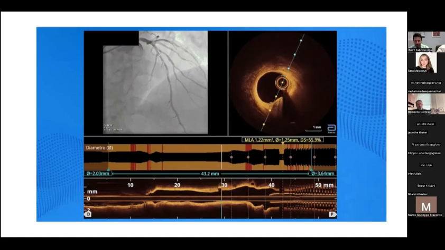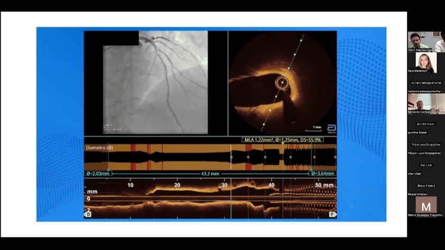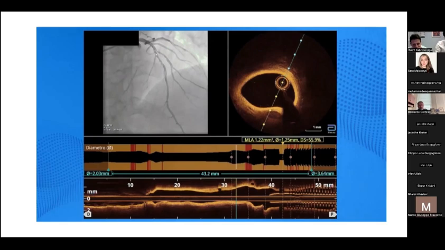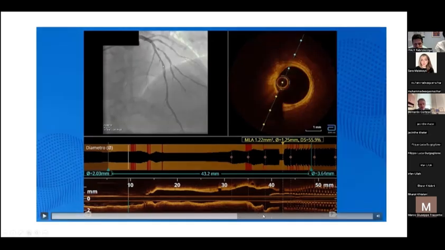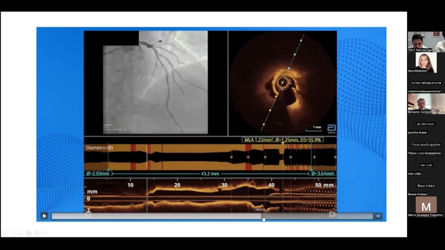I agree with you. Though I have to say, if you have decided to do OCT here, you have already decided to treat this lesion because you know it's going to be positive in terms of area reduction.